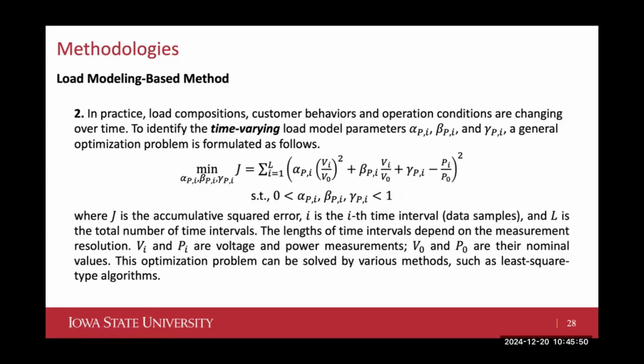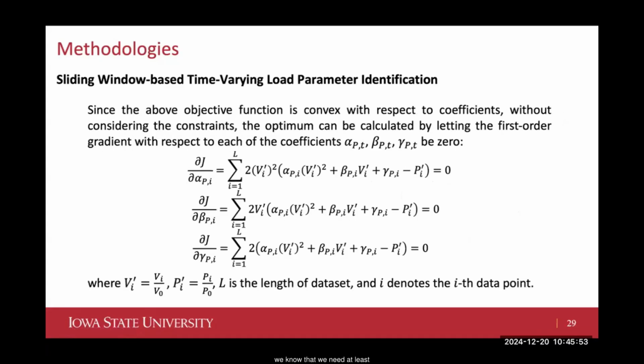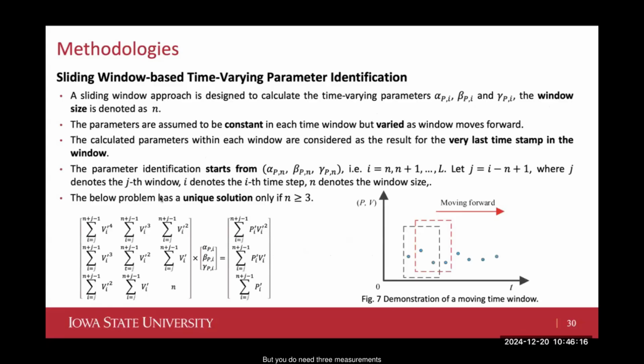When we do this, we need to do some derivation. It's actually convex with respect to the coefficients. So if you do not consider the constraint, you just set the first order gradient to 0, and then you will find the coefficients. But you do need at least 3 measurements to make this happen. That's why I create a sliding window.